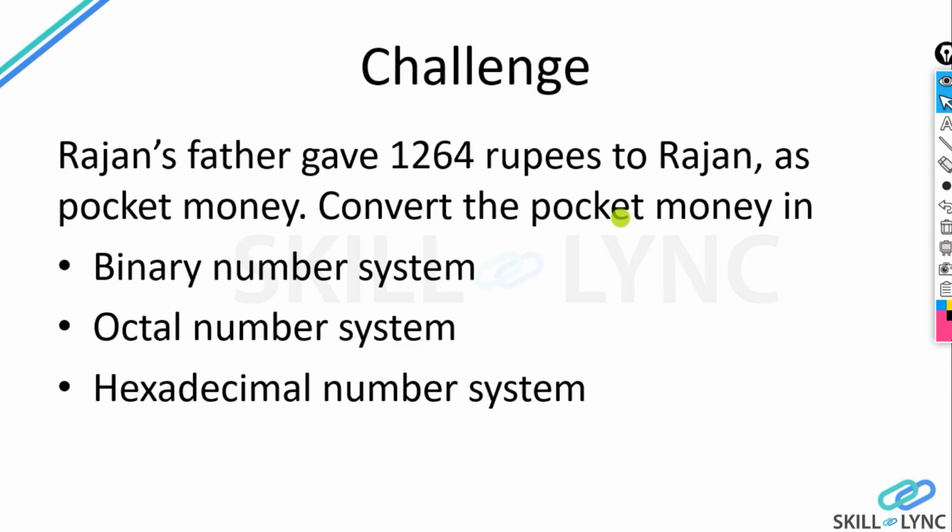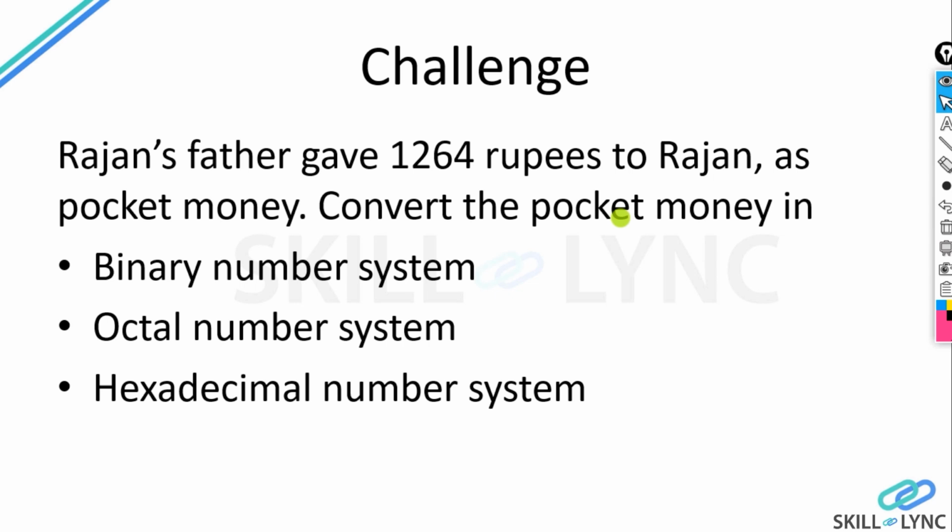Now the challenge is given: for example, Rajan's father gave him 1264 rupees. Now you have to convert it into the binary, octal, and hexadecimal number systems. It is a very simple question.